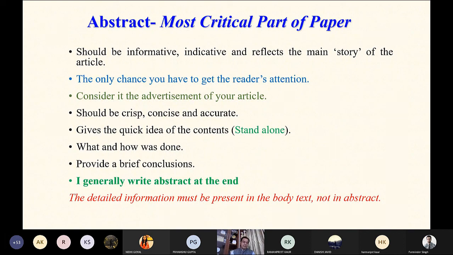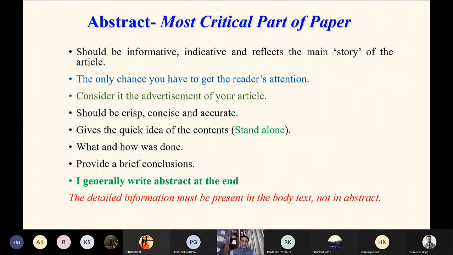If I have been able to write a good abstract, I consider it an advertisement for my paper. If my advertisement is effective, the readers and the audience are going to read my research manuscript, and later the same paper is going to be cited by them in their research.